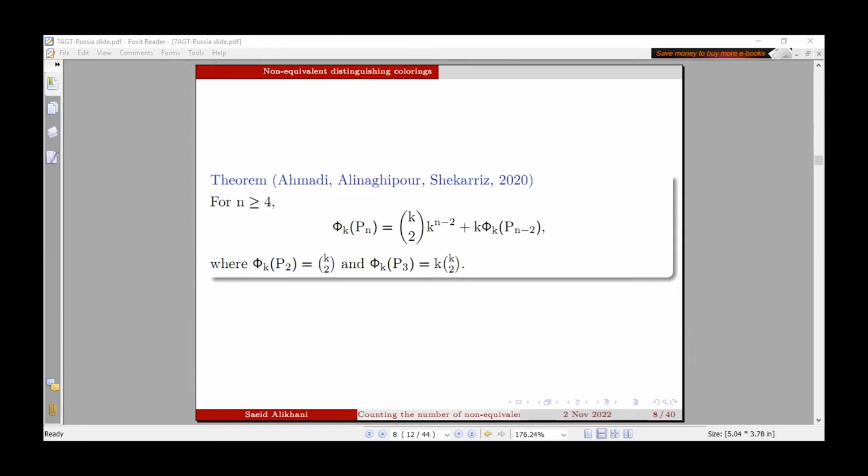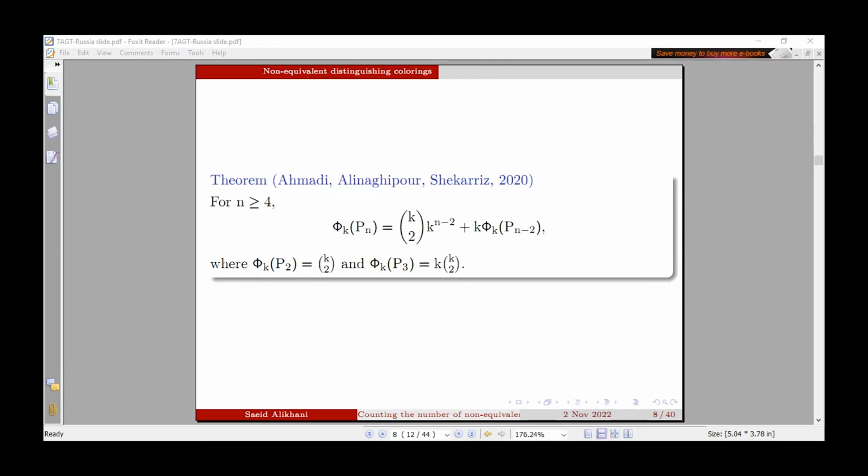The proof is easy for n equal to 2 or 3, and for n greater than or equal to 4. We know that for a path, the two end vertices of Pn have two cases: they have different colors, or maybe the same color.